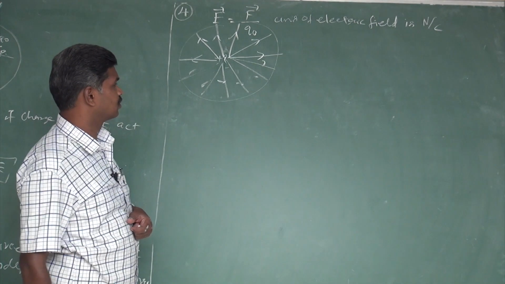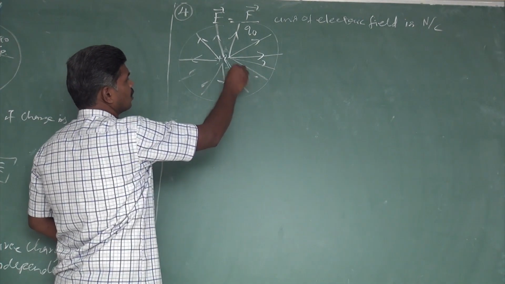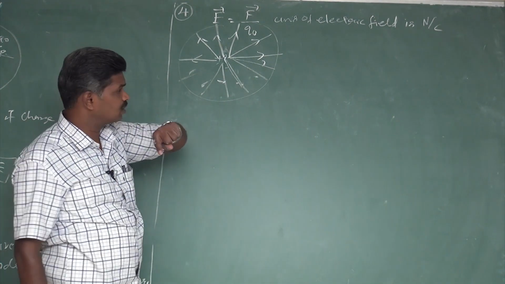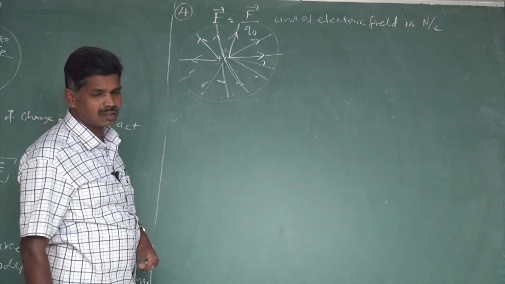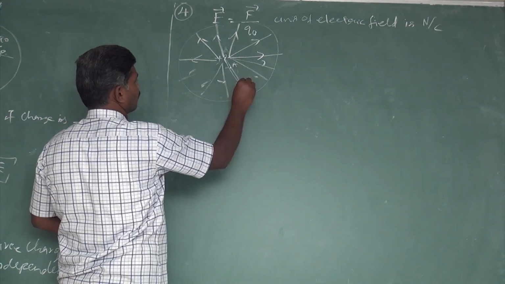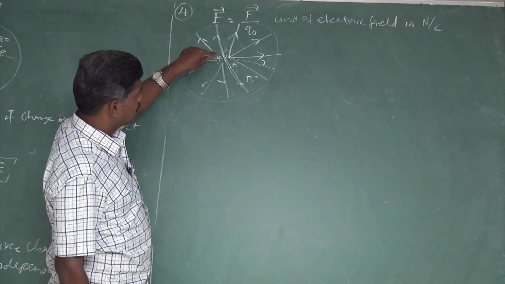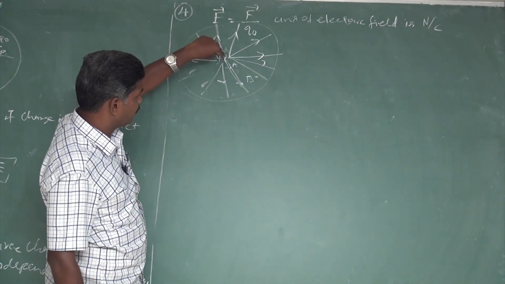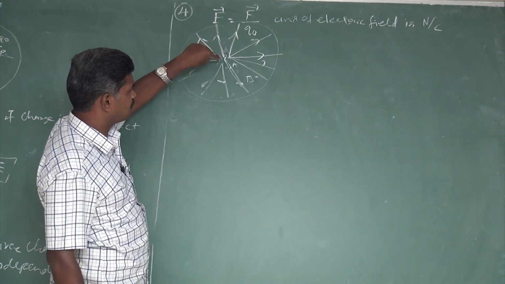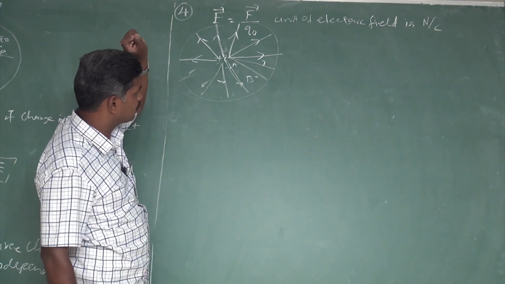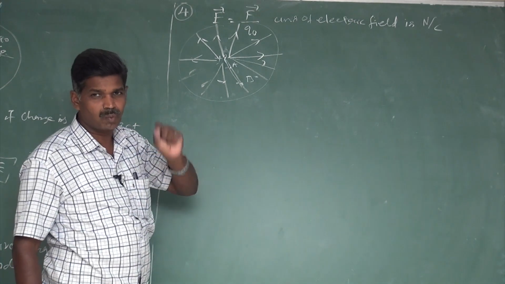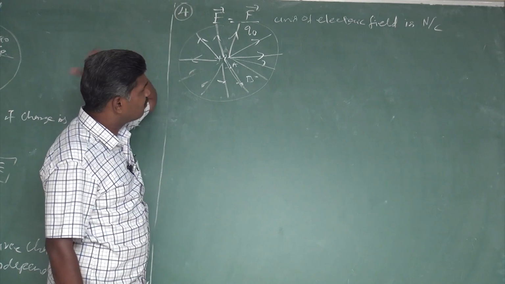Based on the picture, if we move away from the charge, the force acting on the test charge is reducing. So for each point, point A or point B, for a given source charge, the field created by this charge at point A is a unique value, in magnitude as well as direction, because this field is a vector quantity.